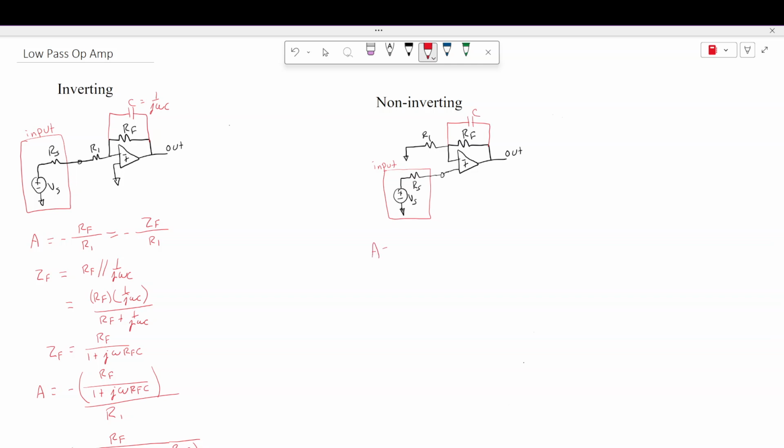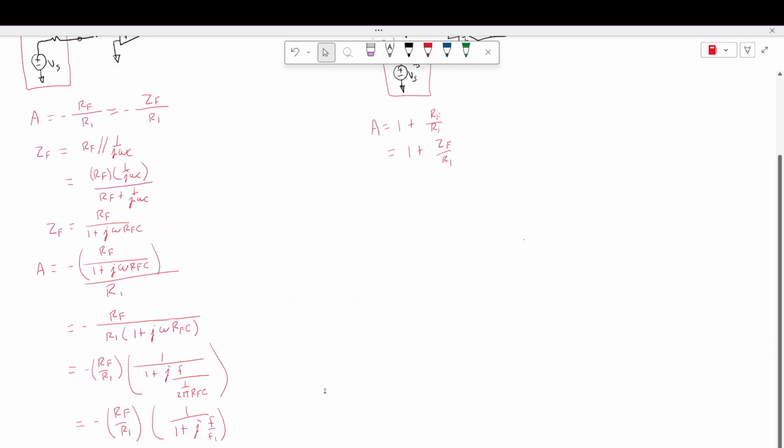So now our gain equation is equal to 1 plus RF over R1, which is really equal to 1 plus ZF over R1, which is basically the same thing that we had here, except now we get a 1 plus.